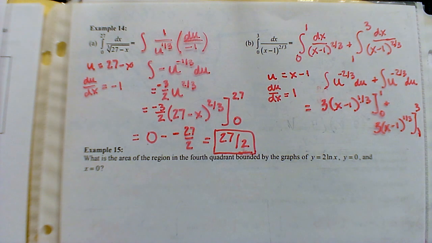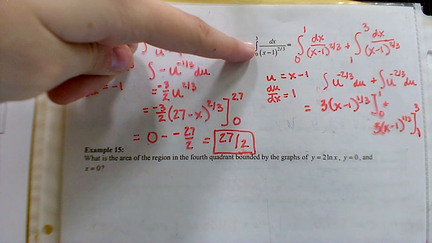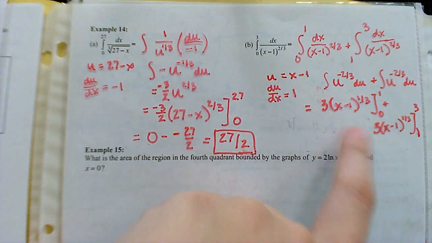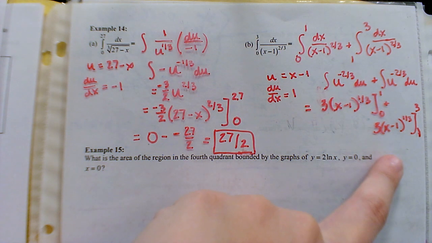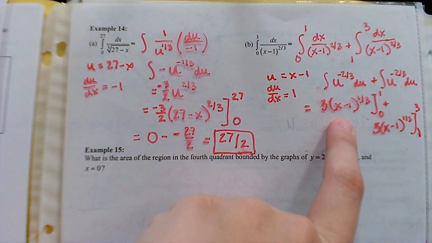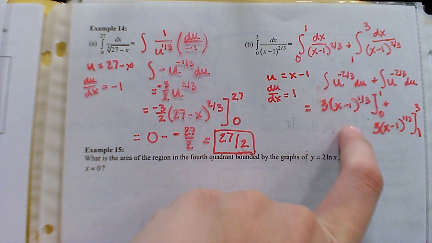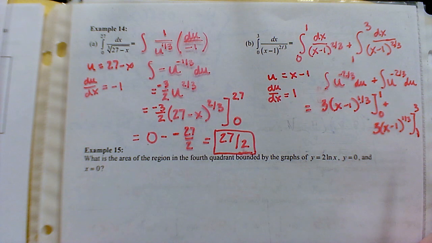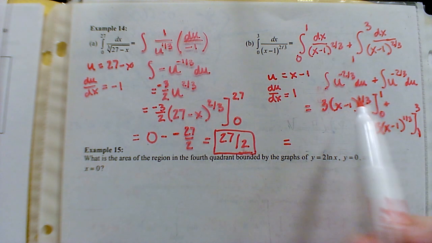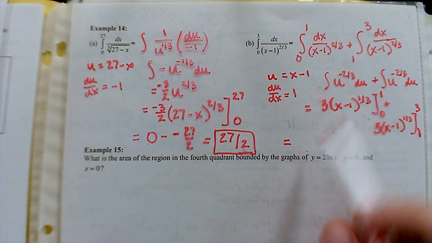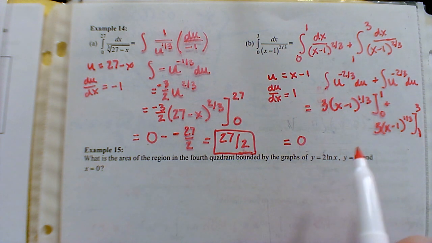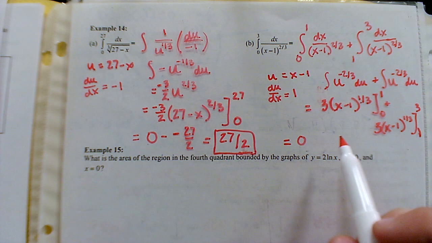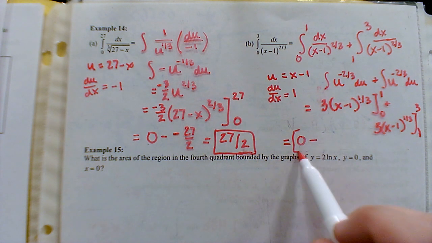All right. Is 1 still an issue for us? It was an issue in the original integral. Is it still an issue for us when we go to evaluate? Can we do 0 to the 1/3 power? Okay, so again, kind of like the last one, we don't really have to worry about the plus or minus, because when we are evaluating, we can physically substitute in that value. So for the first antiderivative, if we plug in top, we'll get 0 minus what we get when we plug in the bottom.